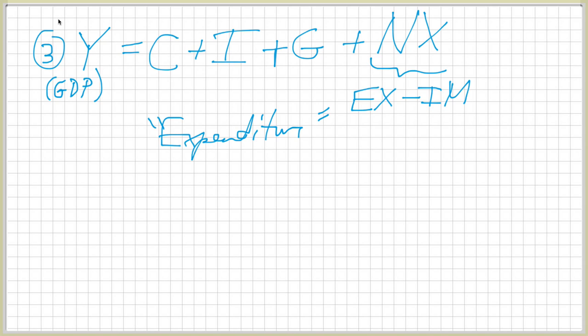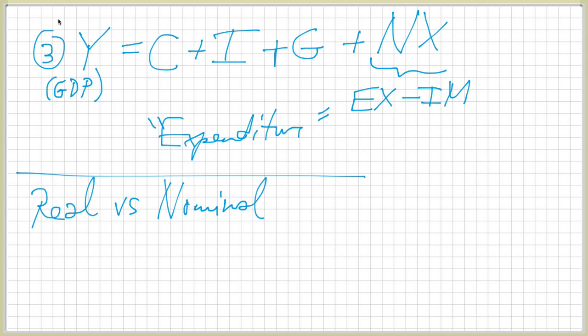Now, the next thing after calculating GDP through either of these 3 methods is to talk about real versus nominal. So real versus nominal, we're talking about time implicitly. So the third point, we said that GDP is the market value of final goods and services in a period of time. Real versus nominal is just where do you get your prices from?